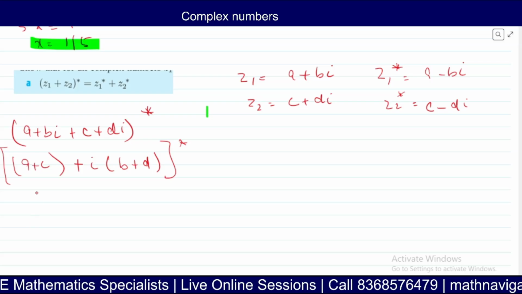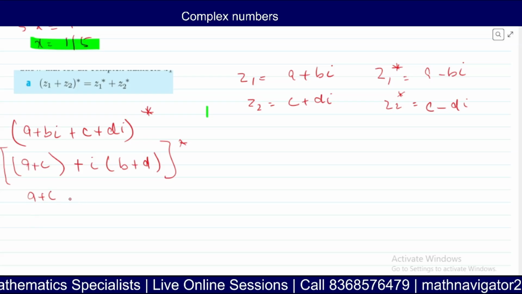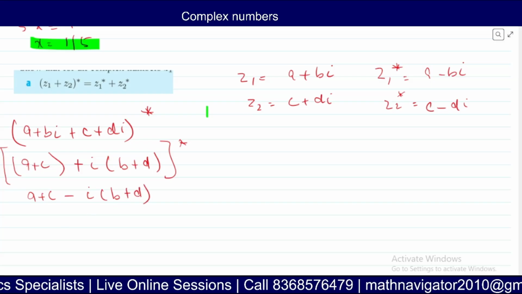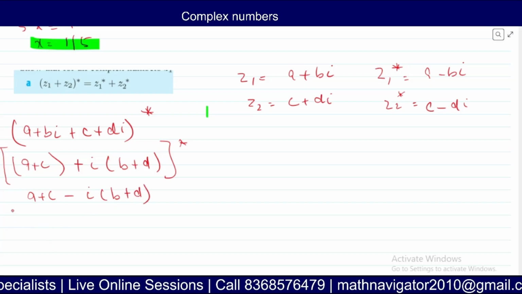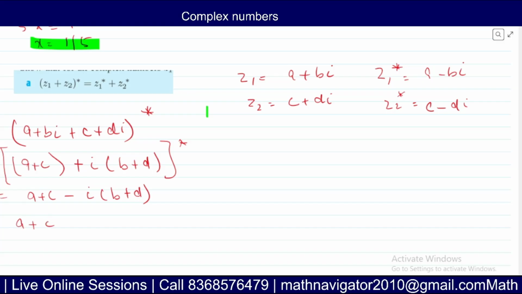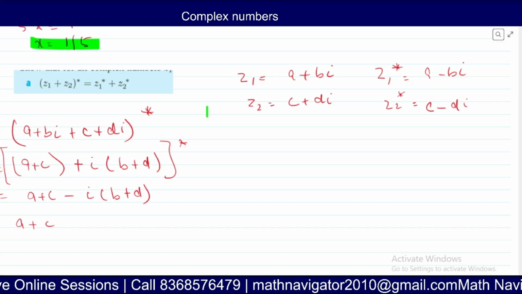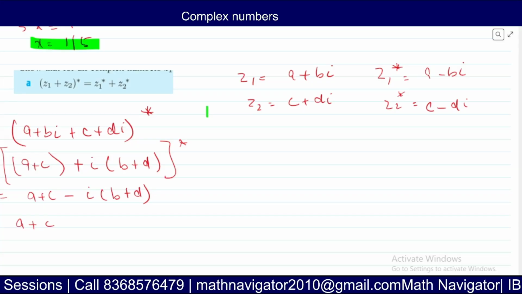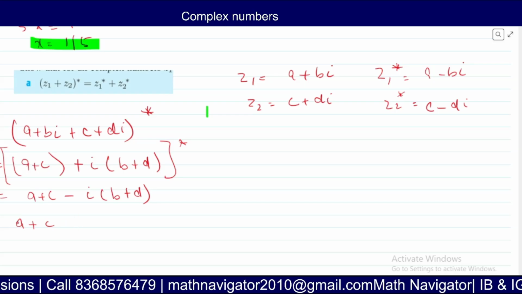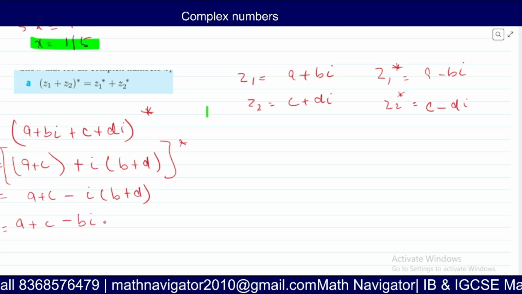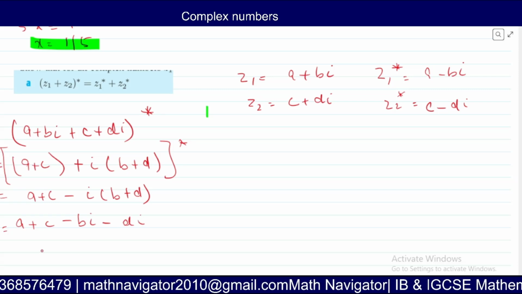So the conjugate of this is a plus c minus i times (b plus d). So let's write it: a plus c minus bi minus di, right?